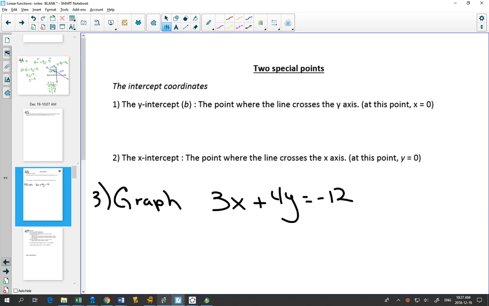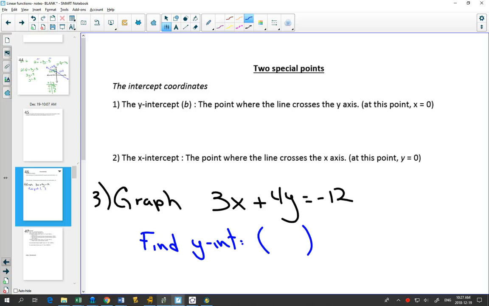So yes, you could use your first method, make a table of values. You could use your second method and rearrange this to y equals mx plus b. You could also use your intercepts to graph this. So if I wanted to first find my y-intercept, what do I have to plug in to find a y-intercept?